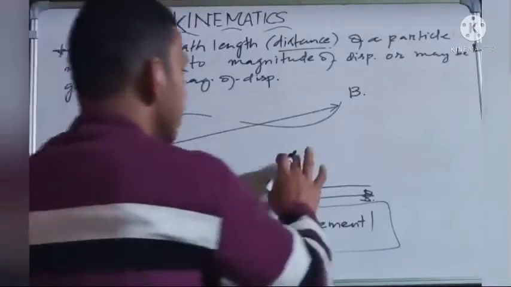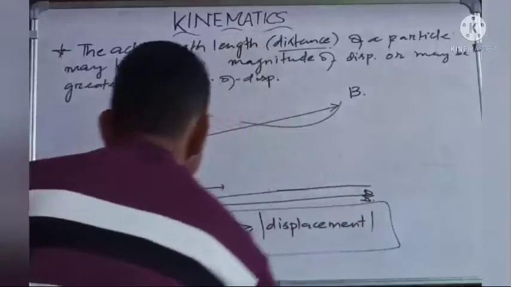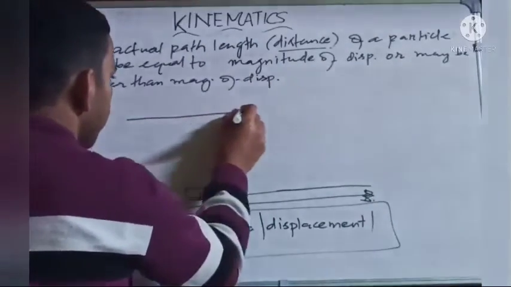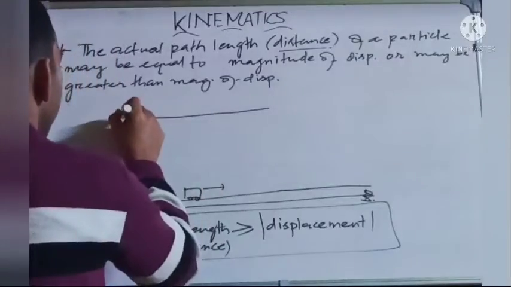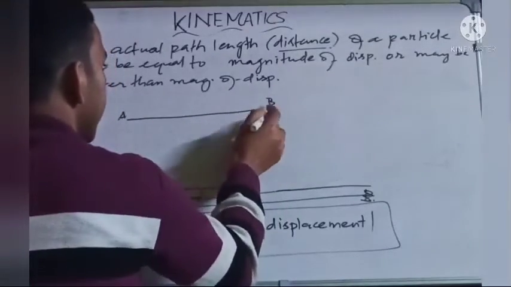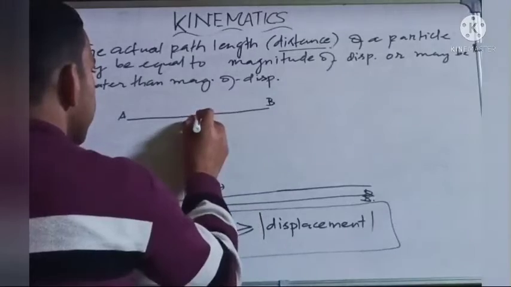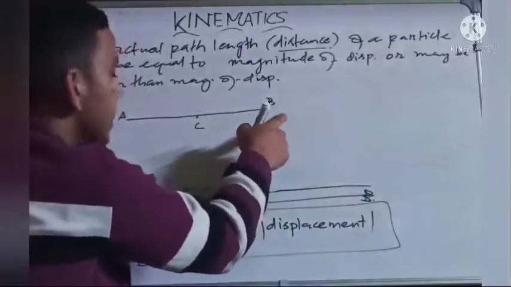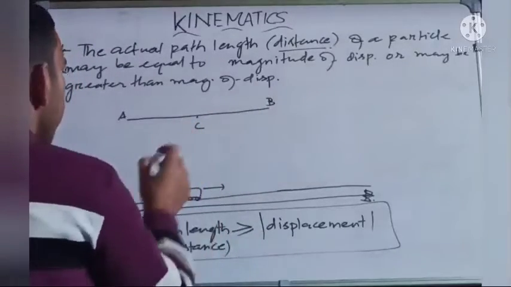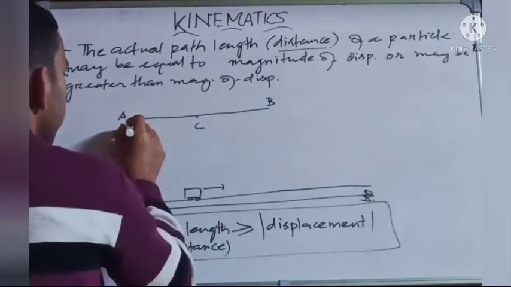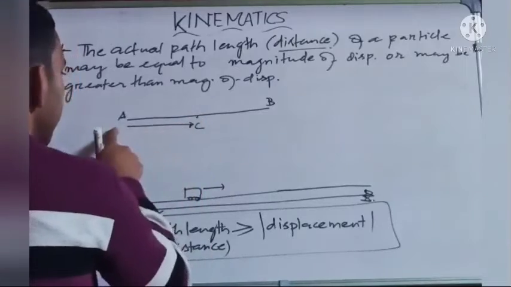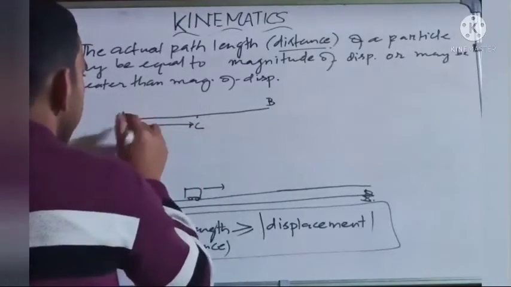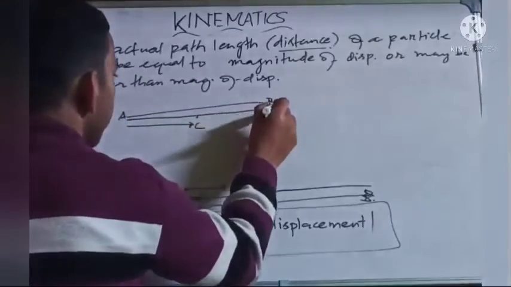Because if it changes its direction, let a particle move on a straight road, first going from point A to B, then it again moves from B to point C. This point is C. First it moves from A to point B, then it comes from B to point C. Then its displacement vector will be this vector, initial position to final position, but its distance traveled will be AB plus BC.